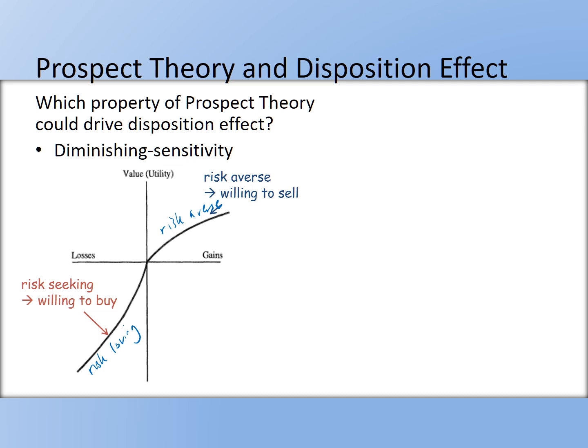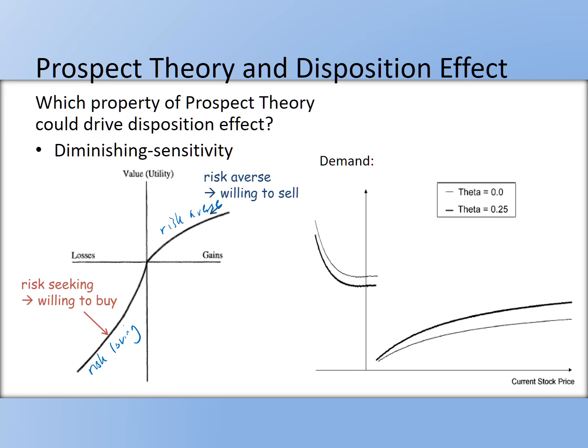So if you calculate the demand for stock, relative to the purchase price... I think the intercept is probably where the purchase price is, and this is the current price. So on the right hand side is current price higher than purchase price. On the left hand side is current price lower than purchase price.